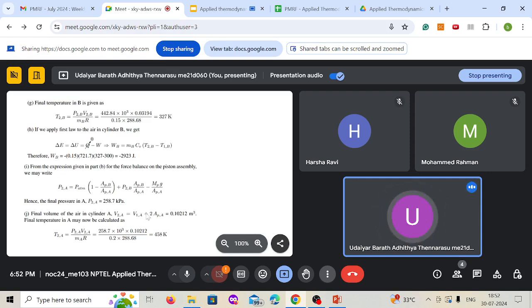Using this volume and pressure, we can estimate the final temperature in cylinder A. So T2 is P2V2 by mass into R. Substituting all the values, P2 we have found out to be 258.7 kilopascal into 0.10212 divided by mass which we calculated as 0.2 into R, which is 288.68. So this will give me temperature as 458 Kelvin.